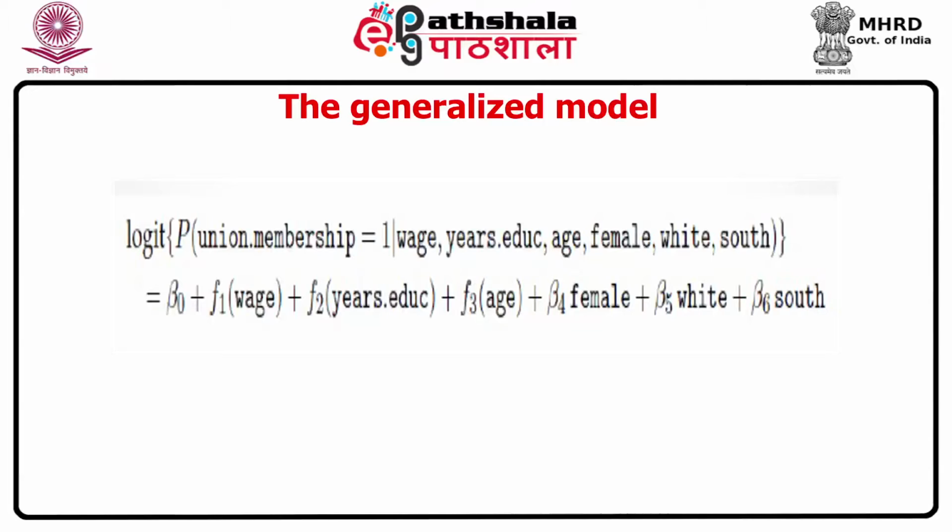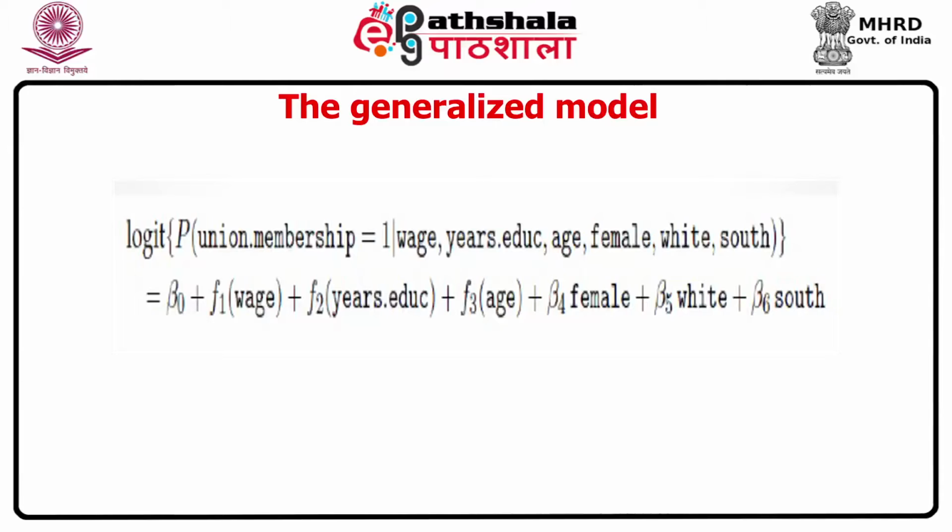So as before, I'm writing the logit of this probability as a function. This function comprises an intercept beta naught plus the usual terms, beta 4 into female plus beta 5 into white plus beta 6 into South, for the last three covariates.